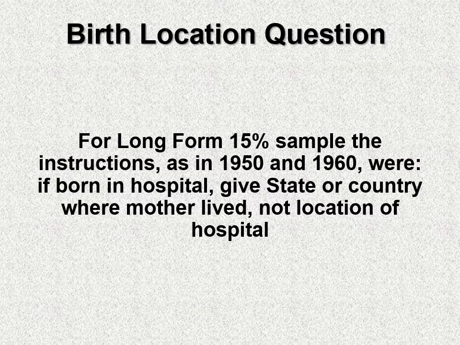One question that I've been following the last couple of censuses is this one. It was asked on the long form, the 15% sample, which is, where were you born? And the instructions are, if you were born in a hospital, give the state or country where the mother lived, not the location of the hospital. And that was also done in 1950 and 1960.